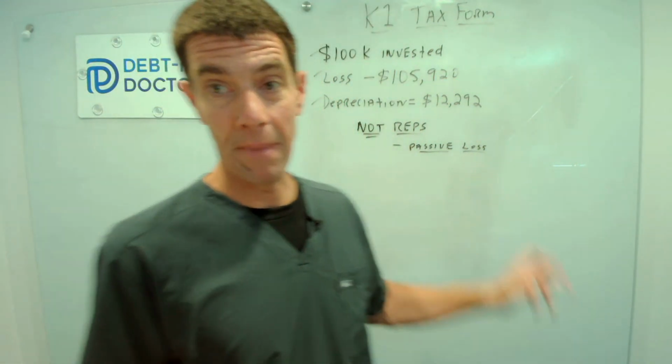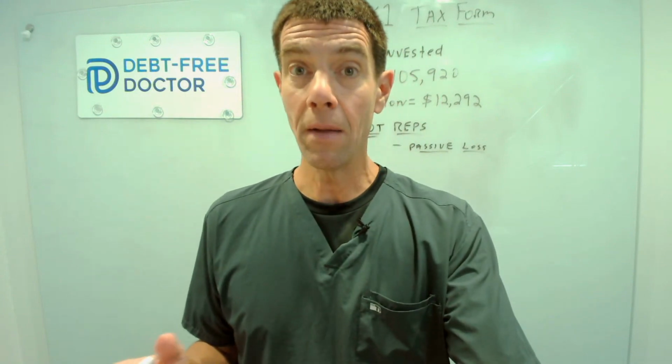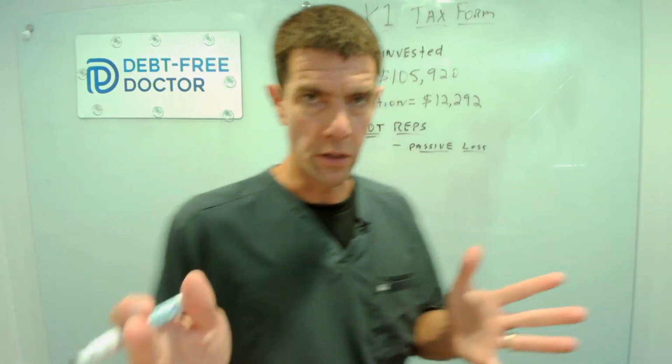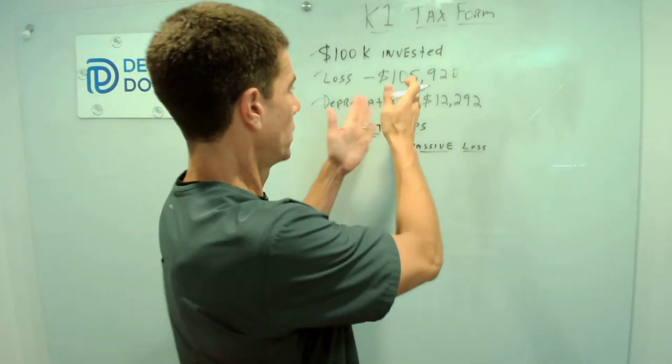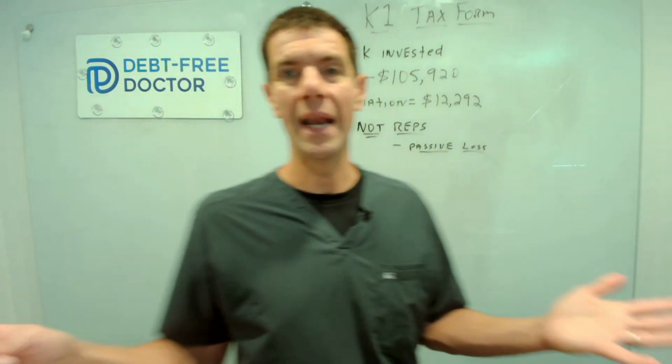And even though the word loss, again, may sound bad, it's actually one of the biggest tax benefits of real estate investing. So, all right, Jeff, I've got a $106 grand passive loss. What can I do with it?